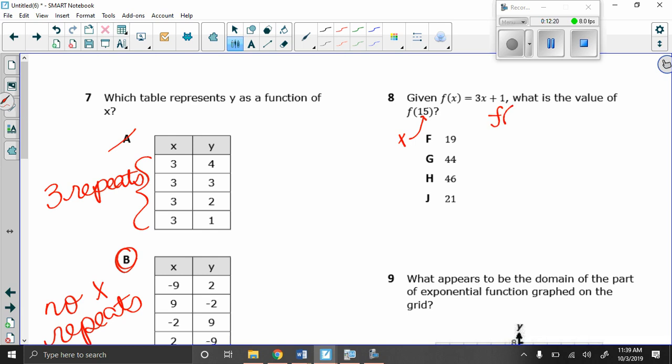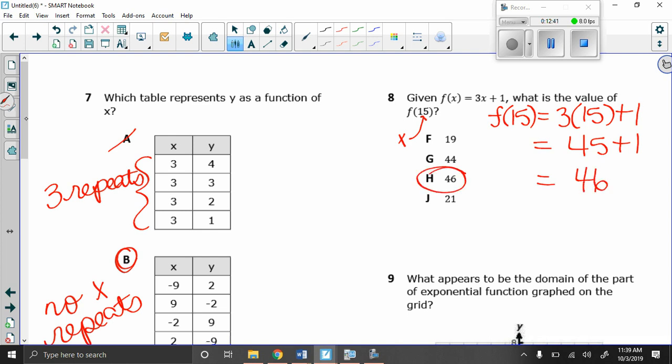So f of 15 equals 3 times 15 plus 1. So 3 times 15 is going to give us 45, plus 1, which equals 46. So H is the correct answer for this question.